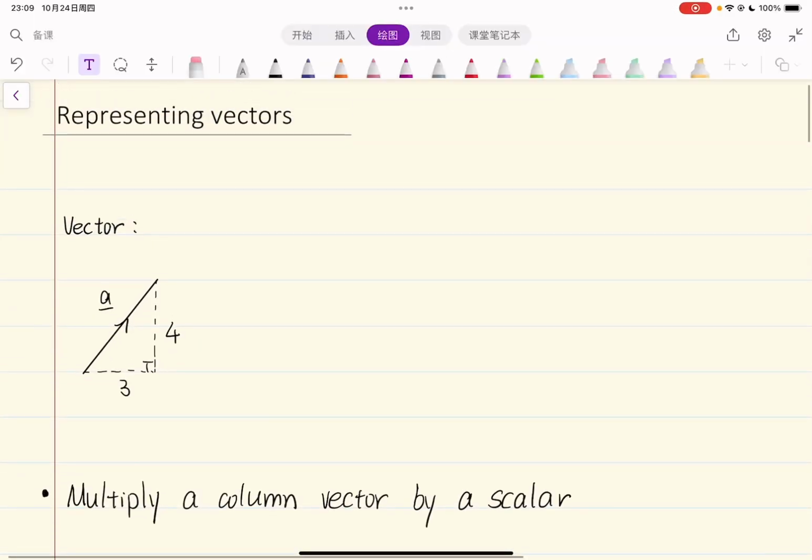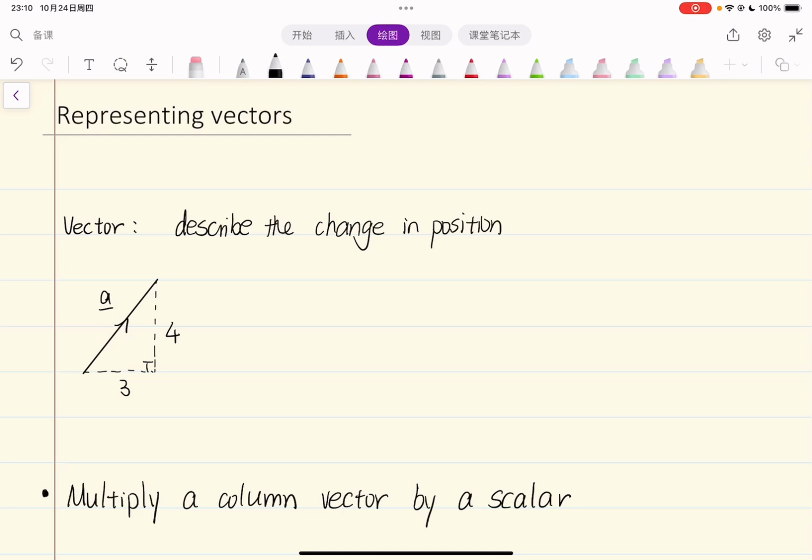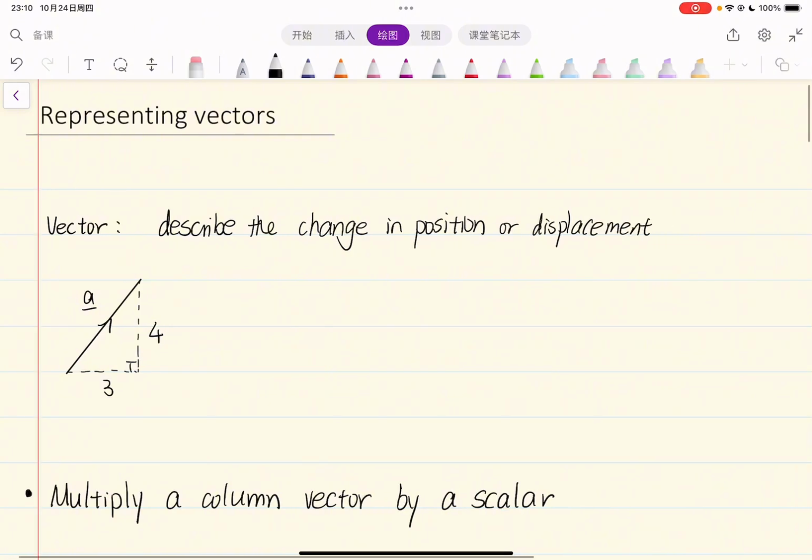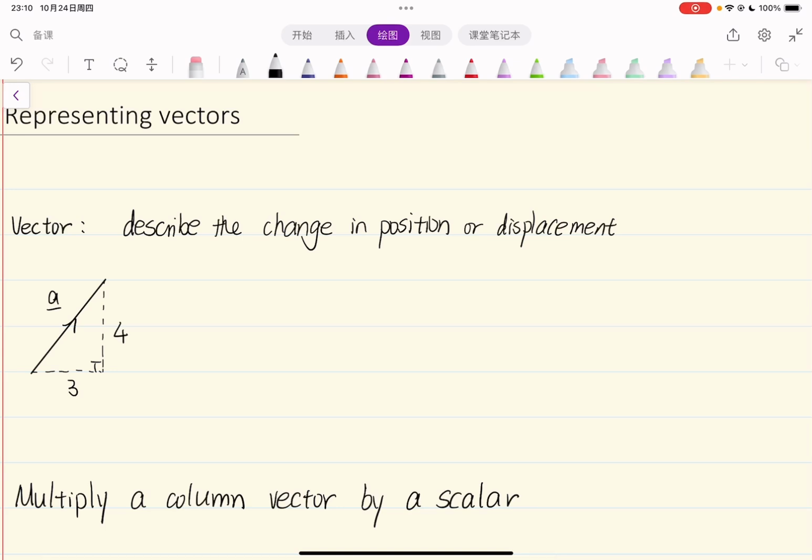Hello everyone, in this video we are going to talk about representing vectors. We can use a vector to describe the change in position, or displacement, relative to the x and y axis.